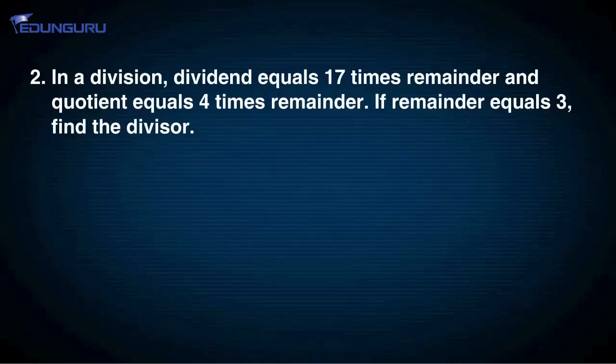Question 2. In a division, dividend is equal to 17 times remainder and quotient is equal to 4 times remainder. If remainder is equal to 3, find the divisor. The options are option A 5, option B 8, option C 6 and option D 4.